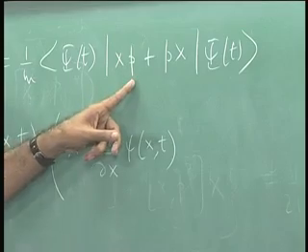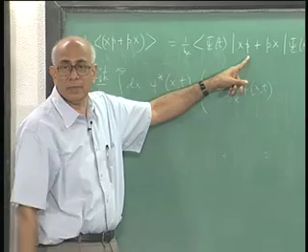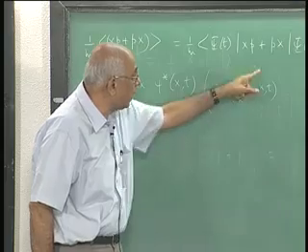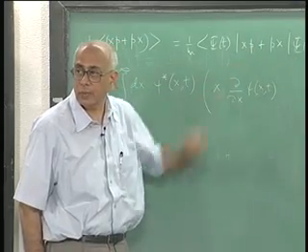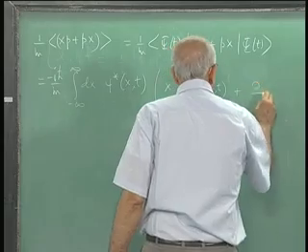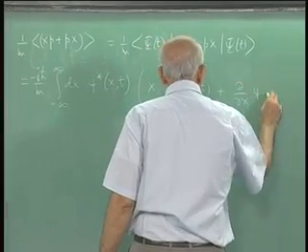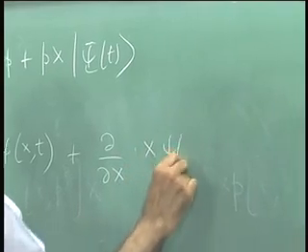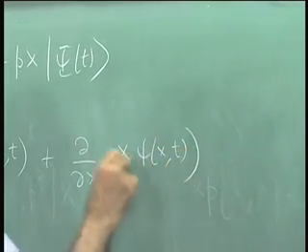That is the meaning of this p in the position basis. Notice it sits here as a derivative operator, acts on whatever is to its right, plus partial over partial x acting on the product x times psi of x comma t.